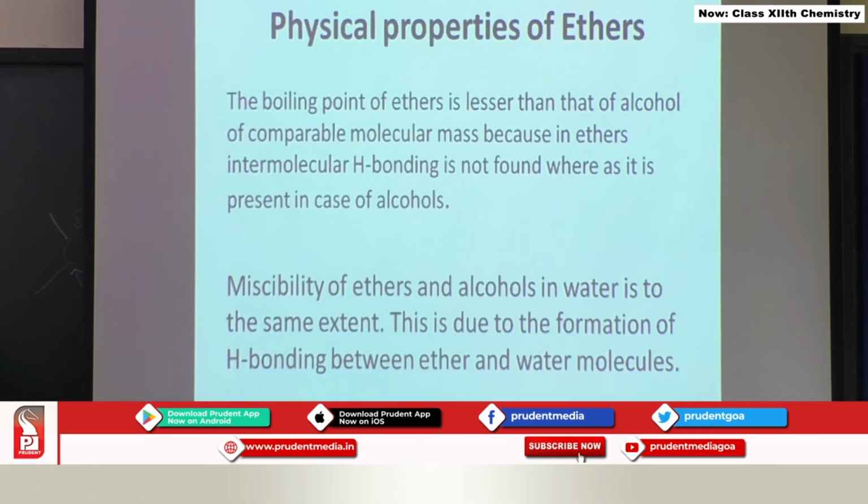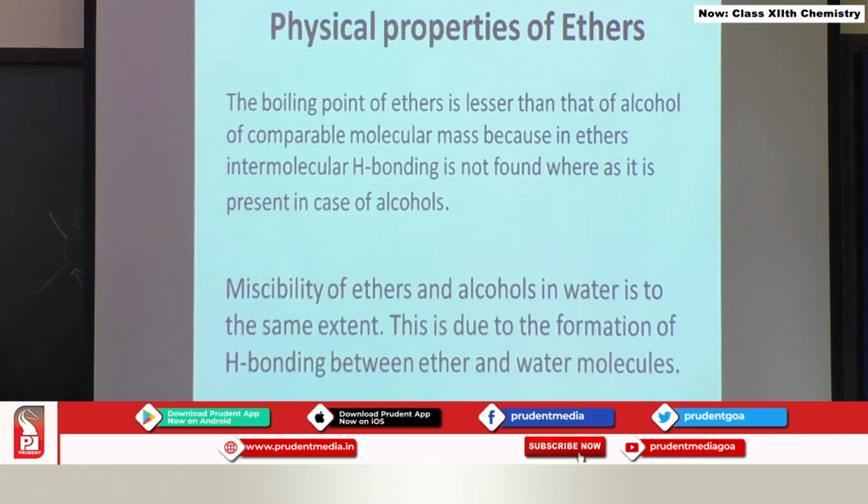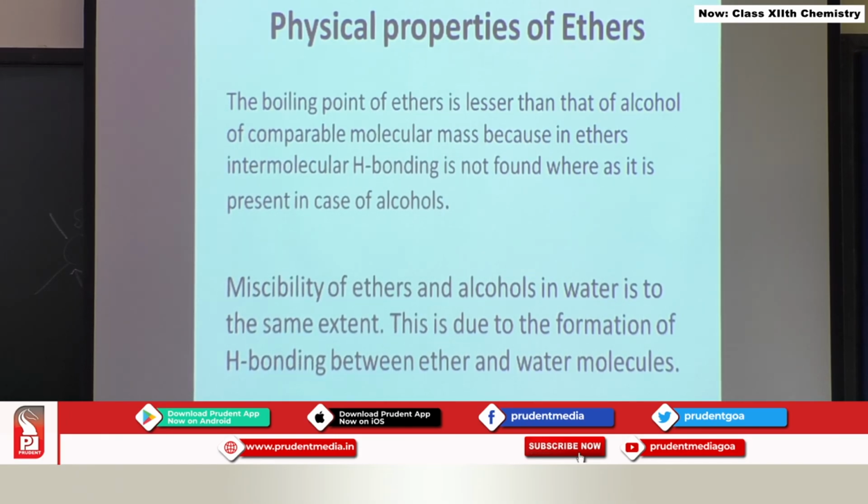Physical properties of ethers. If you compare the physical properties of ethers with alcohols, especially the boiling point, we will find that ethers have a little lower boiling point than alcohols. What may be the reason? In the case of alcohols, we have seen that there is intermolecular hydrogen bonding which increases their boiling point.